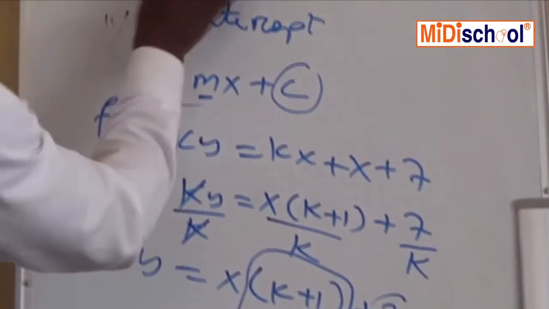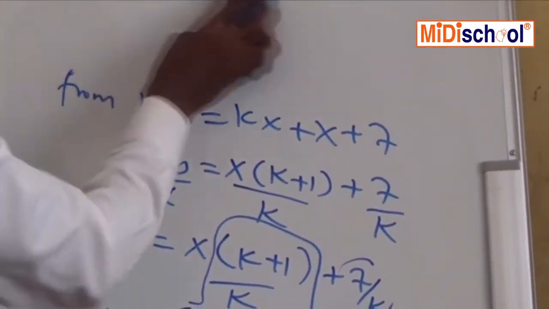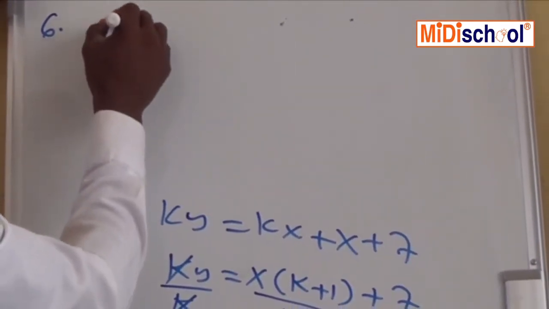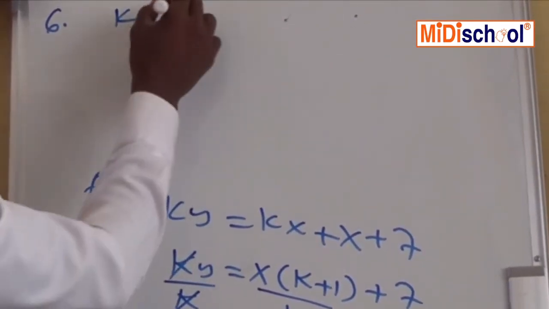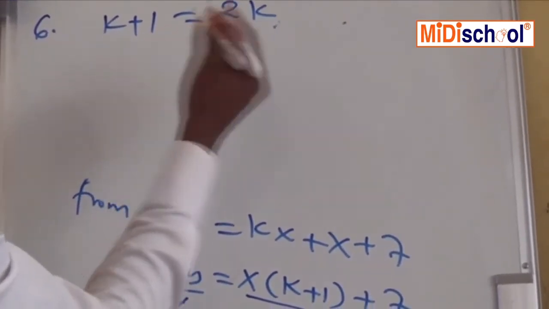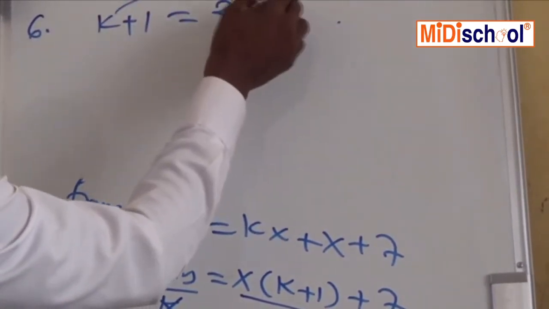After rubbing there, I'm going to obtain k plus 1 is equal to 2k. Then how do I find the value of k? Take this k to the other side, right?